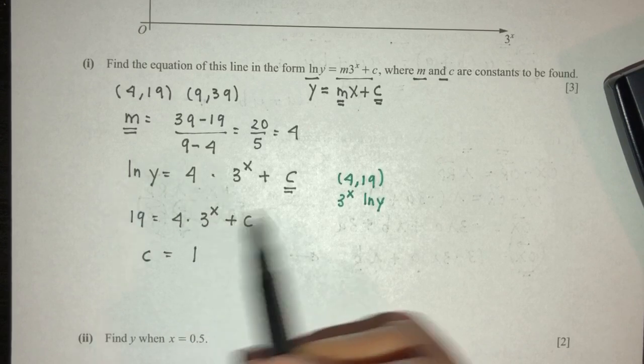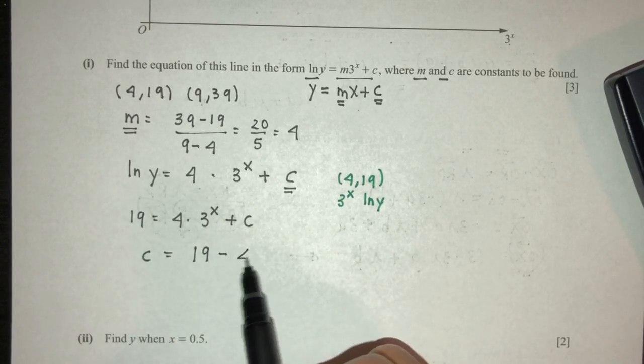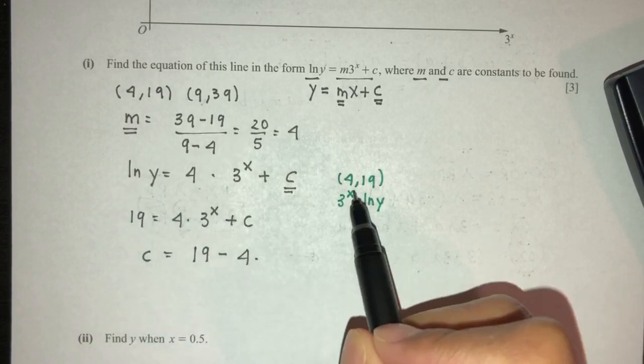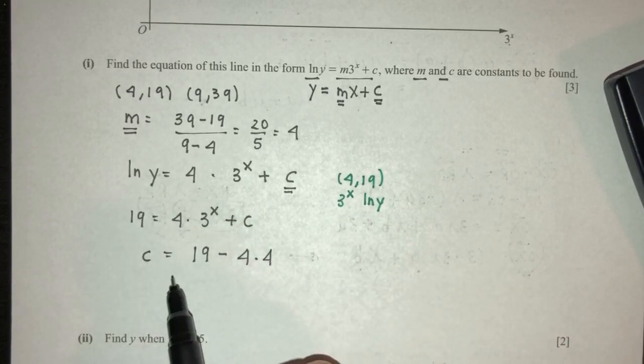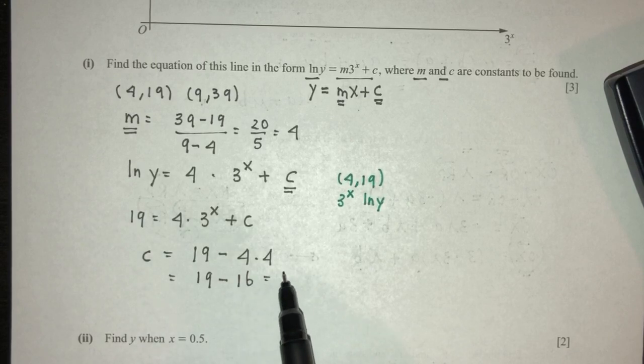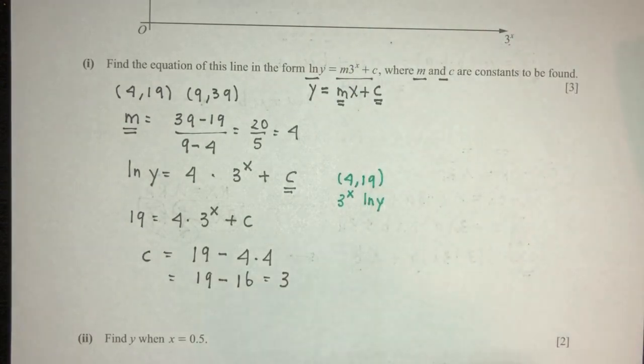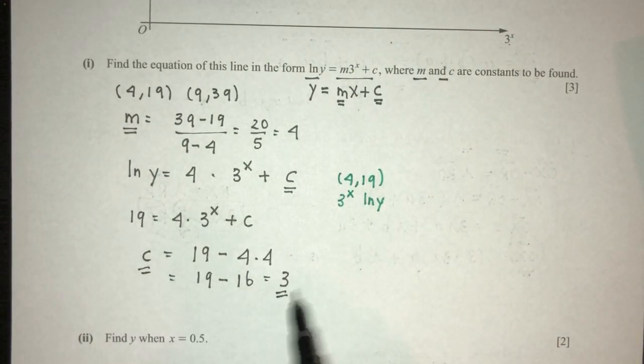So c is equal to 19 minus 4 times 4, that will be 19 minus 16, which is 3. So your value of c is equal to 3.